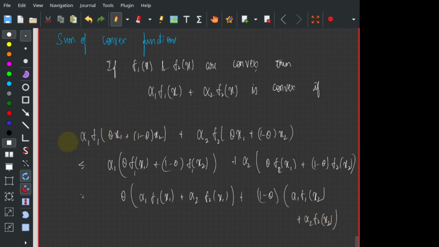If this function has to be convex, then this quantity should be less than or equal to this quantity for all x1, x2 in the domain and theta between 0 and 1. But when can you say that this is always true? If alpha 1 and alpha 2 are non-negative, then certainly this is the case.